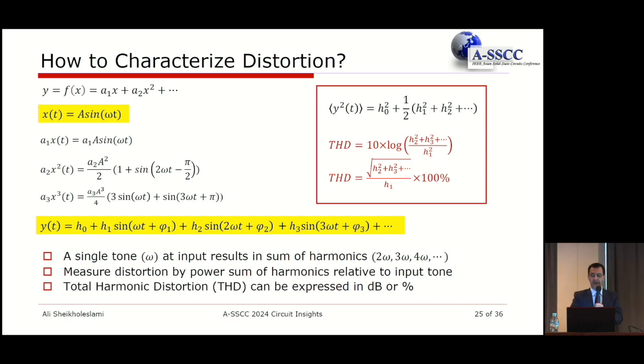So again, the important concept is to define the total harmonic distortion as 10 log of the total power of all the harmonics divided by the total power of the desired signal. The ratio of the two, log times 10, gives you the total harmonic distortion.